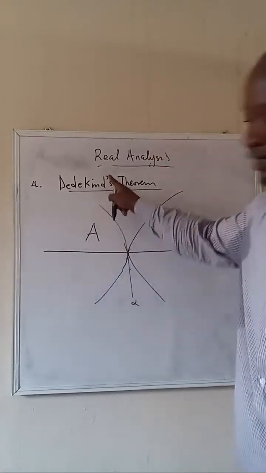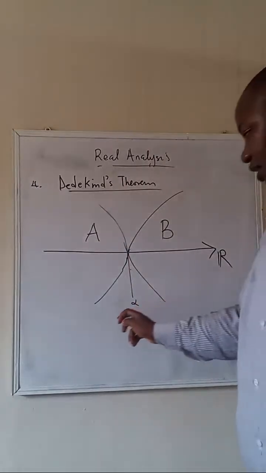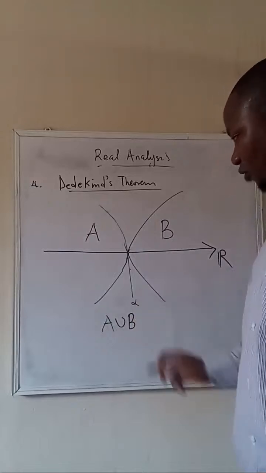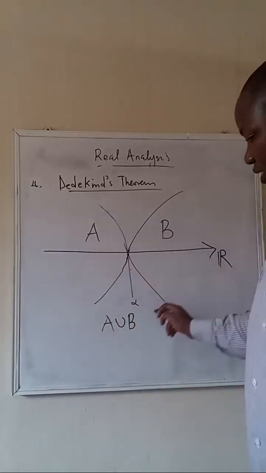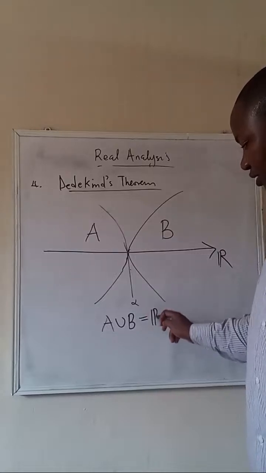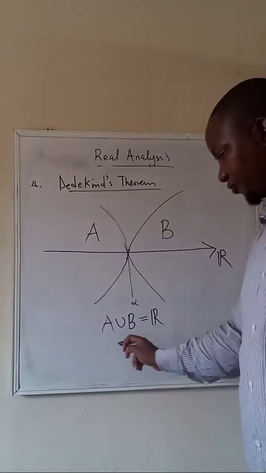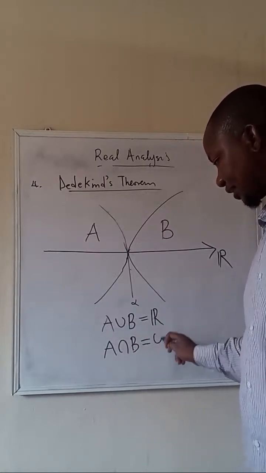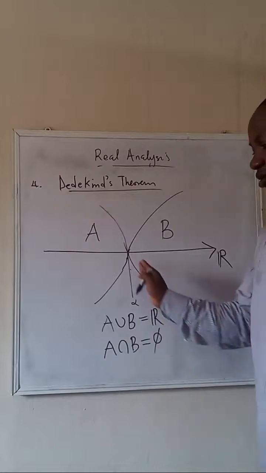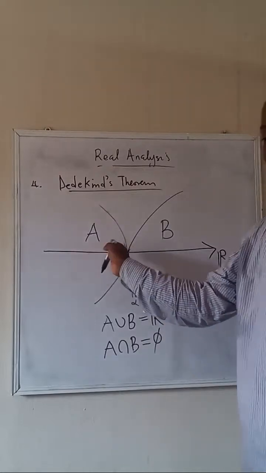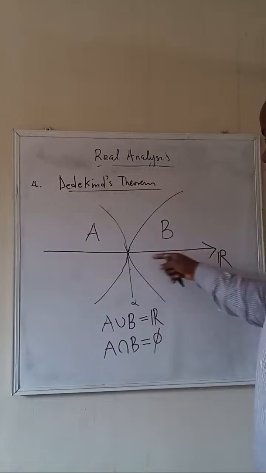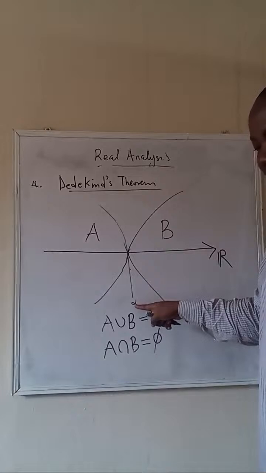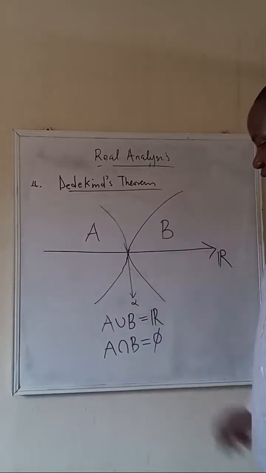The assumption by the Dedekind theorem is that if you take the union of these two sets, it is the whole line, and if you take their intersection, it is empty. It means the numbers here are different from the numbers here. We only know that they meet at one point, and the number is alpha.